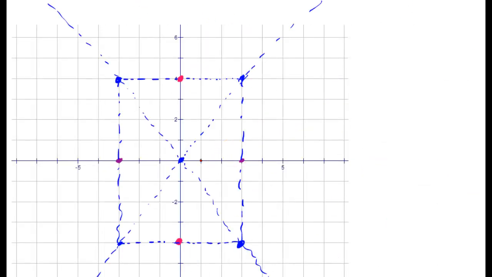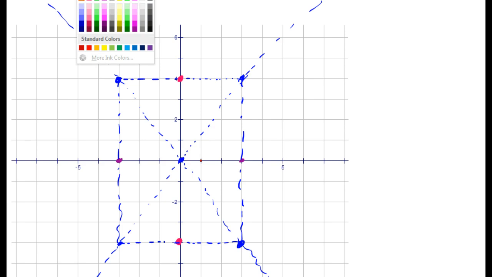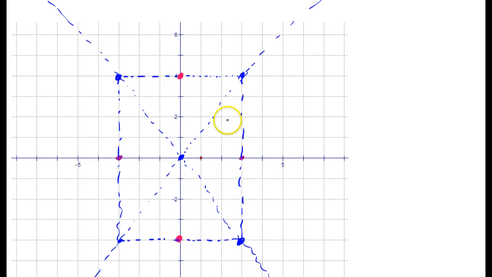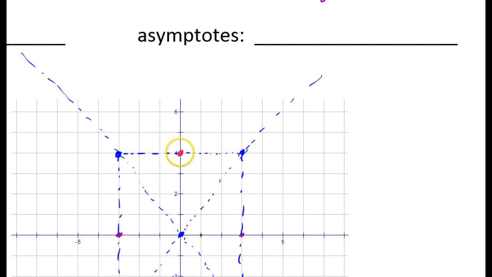Okay, we could draw the branches of the hyperbola right now. We know that these red dots are the vertices. So the branches will extend from these vertices and approach the asymptotes like so.